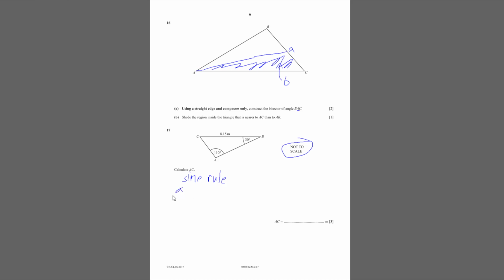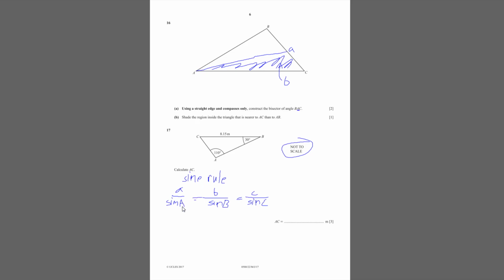Which is a over sine A equals b over sine B equals c over sine C. These small values here refer to the sides opposite to the angle.